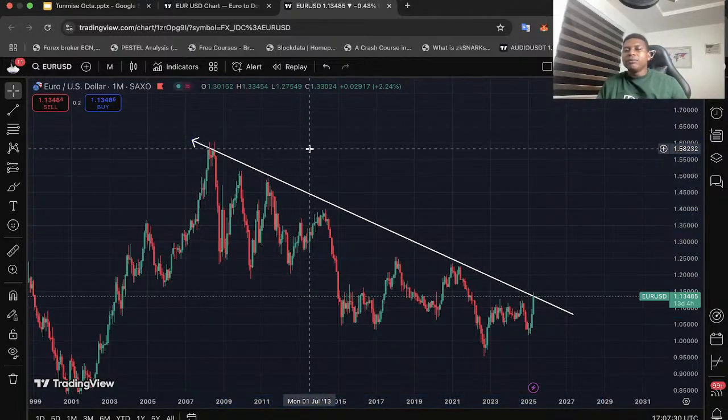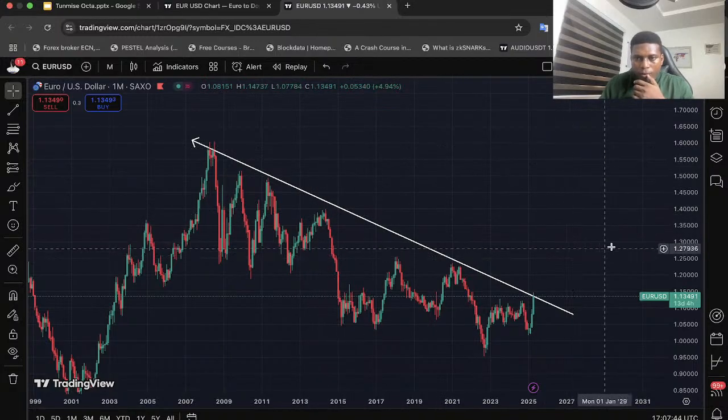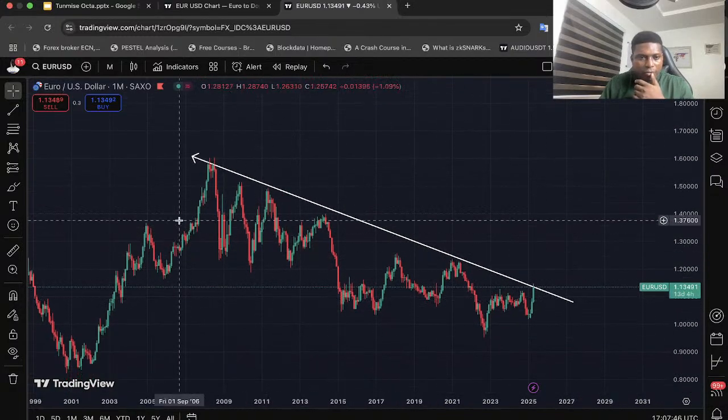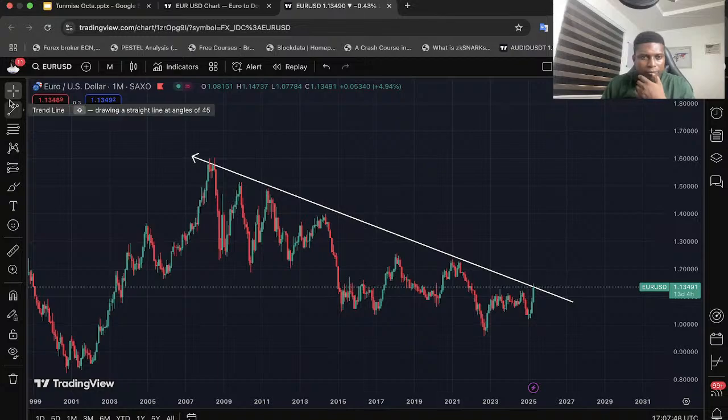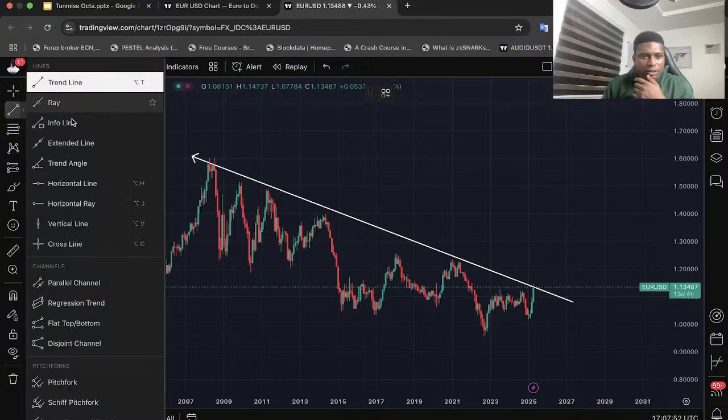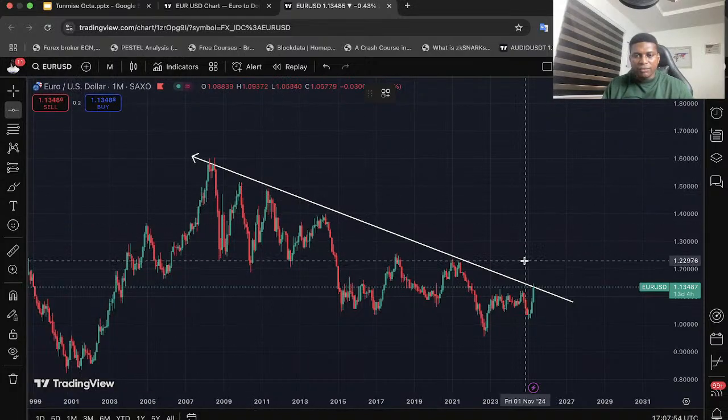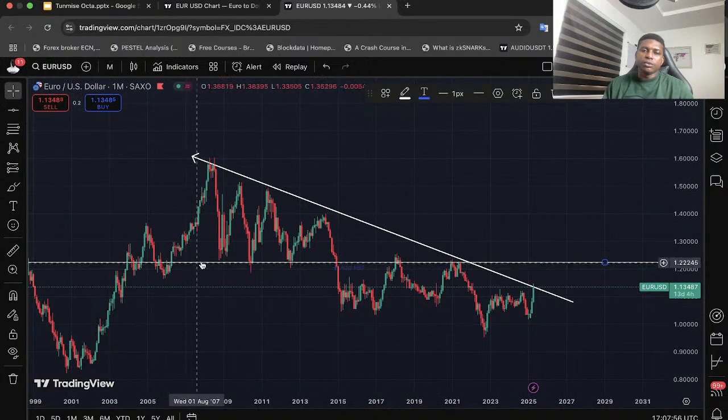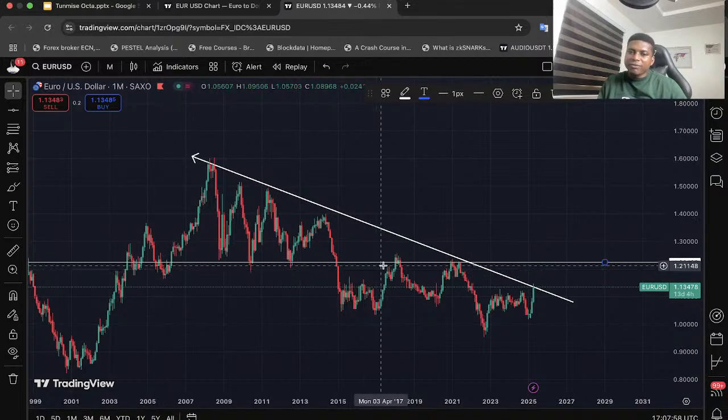So on this higher time frame, we are mapping out levels of support and resistance. Let's figure out some key levels. So this is a key level. And why do we call this level a key level?